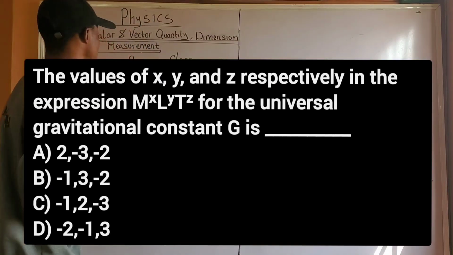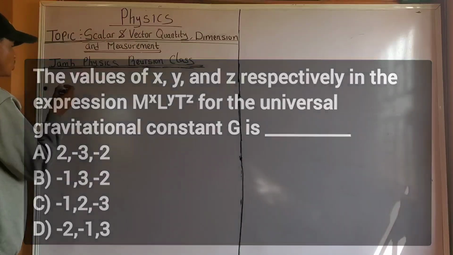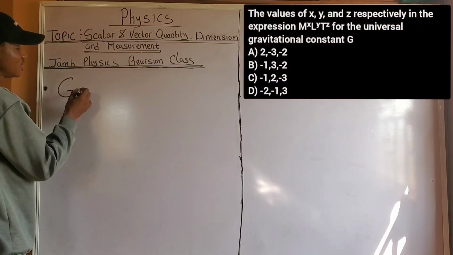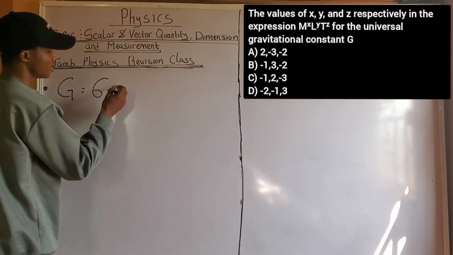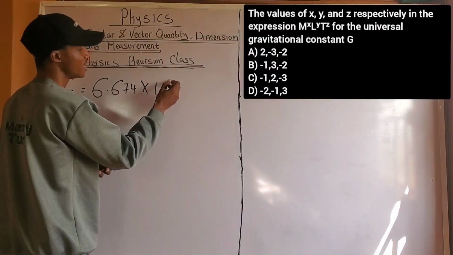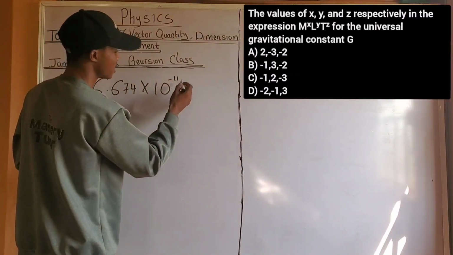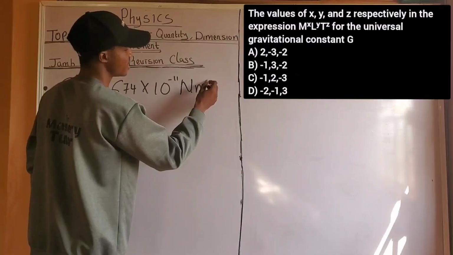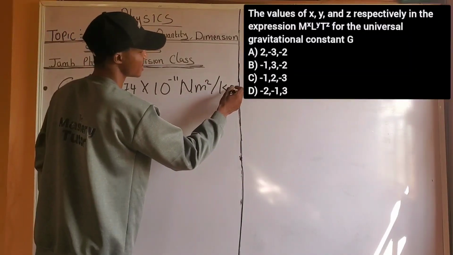Okay, don't forget that universal gravitational constant G equals 6.674 times 10 raised to the power of negative 11, yes, negative 11 Newton meter squared per kilogram squared, right?